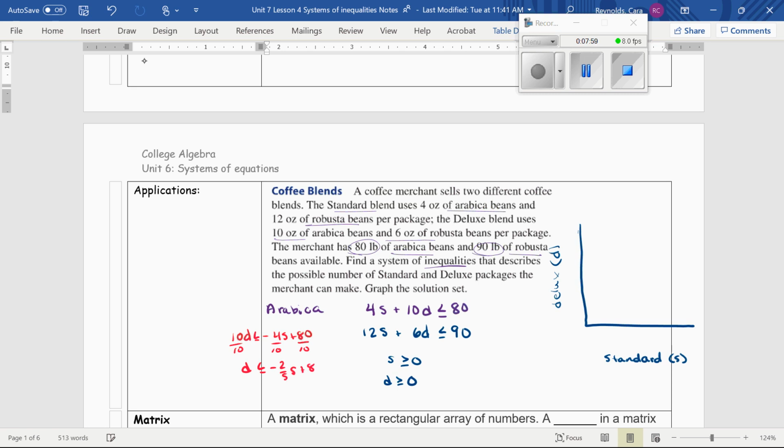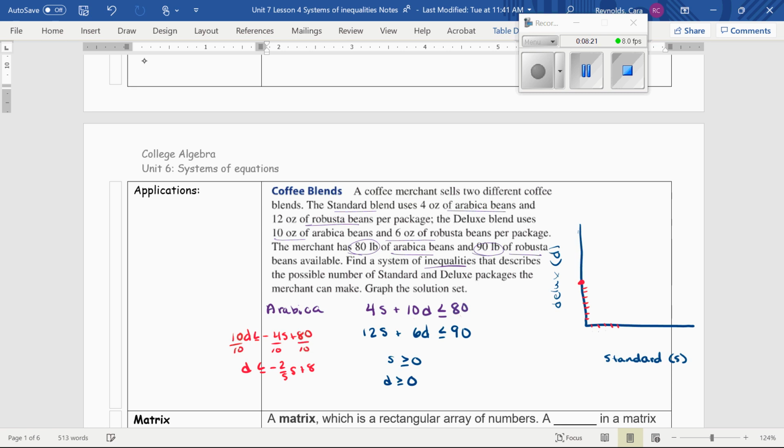And so my y-intercept is 8. And I'm going to go down 2 over 5, down 2 over 4. You could also graph by intercepts. So my y-intercept is 8. If I divide by 4, my x-intercept is 20.